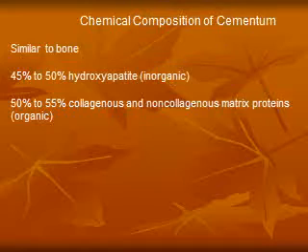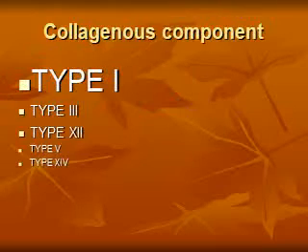Chemical composition of cementum. Here you must focus on the chemical composition of cementum. Memorize this percentage: 45% to 50% hydroxyapatite inorganic, and 50% to 55% collagenous and non-collagenous matrix proteins, which are the organic materials.